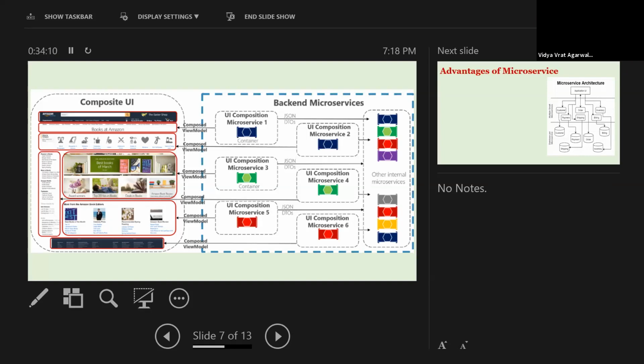With Netflix, what they do, you know that? Every slider is a different microservice altogether. Trending now is a separate microservice in Netflix. Continue watching is a separate microservice. Movies and adventure is a separate microservice. TV shows is a separate one. Documentaries is a separate one.